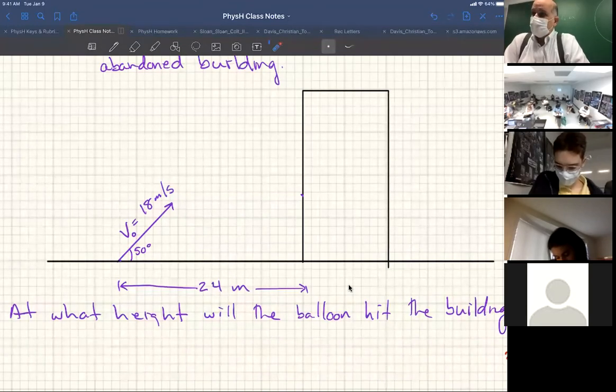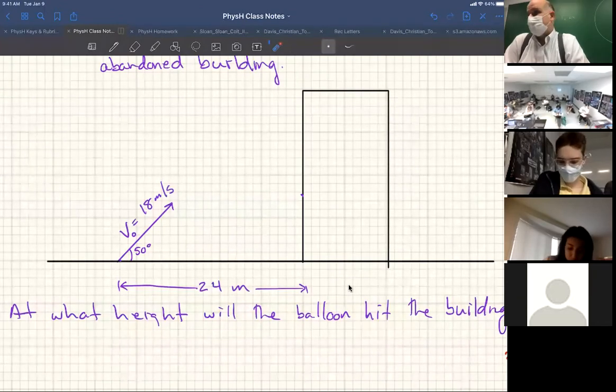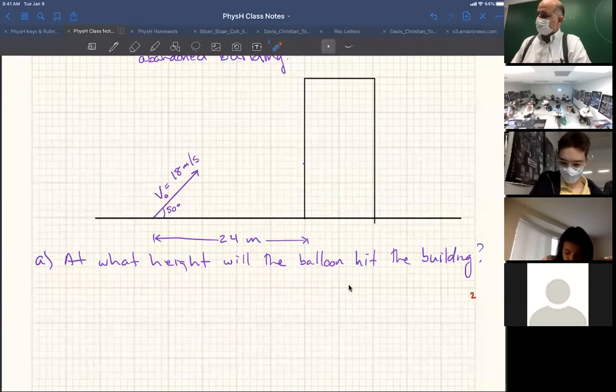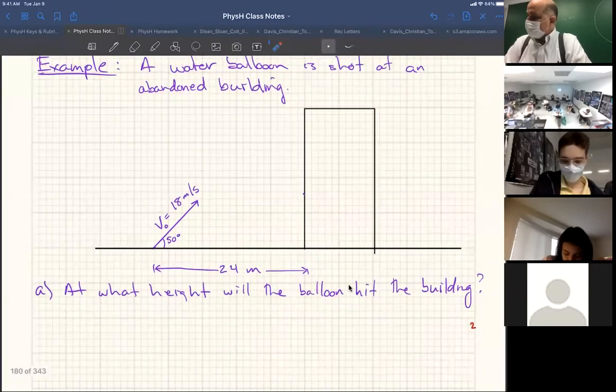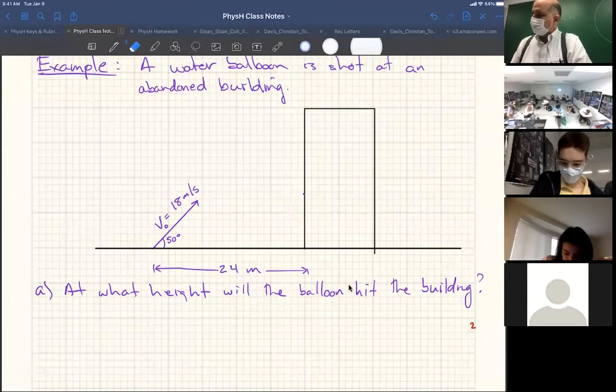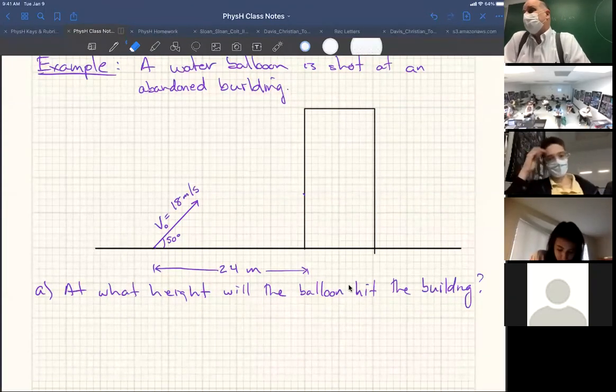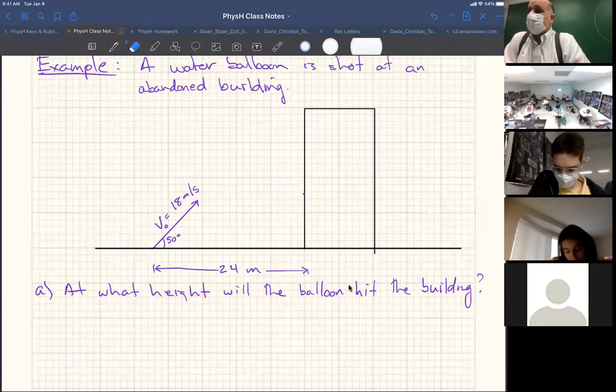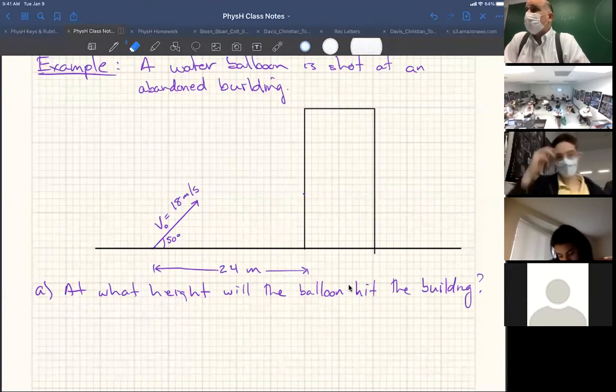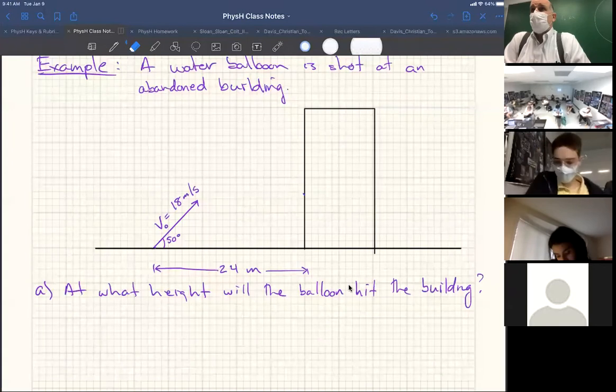I want to be politically semi-correct: it's bad to shoot water balloons at buildings. So the question is, at what height will the water balloon hit the building, if it hits at all? It's conceivable that it would go over the building. Maybe it hits the ground before it gets to the building.